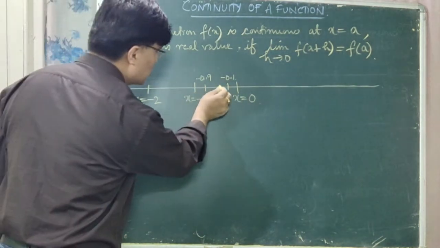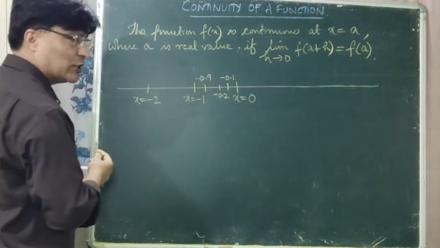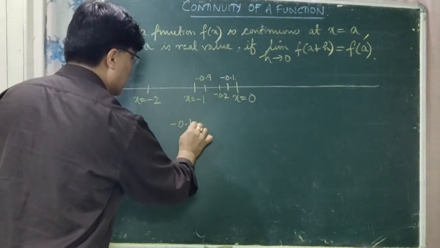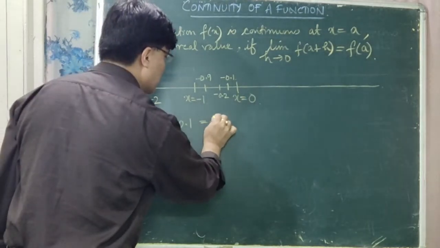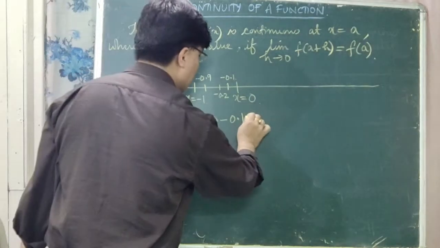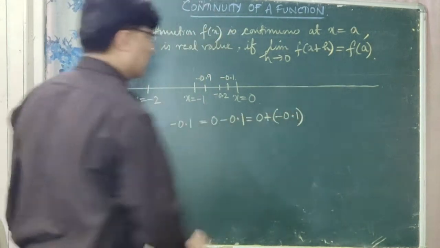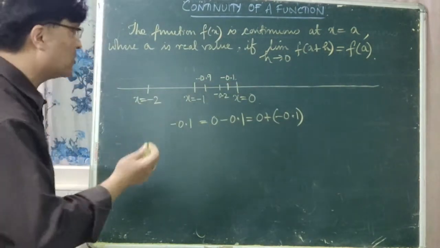When we approach towards 0, this means x tends to 0, isn't it? So now we have -0.1 out here, which is 0 minus 0.1, isn't it? You can write it as 0 plus within bracket -0.1. Is that clear? So we are approaching towards 0 from the left hand side, right?